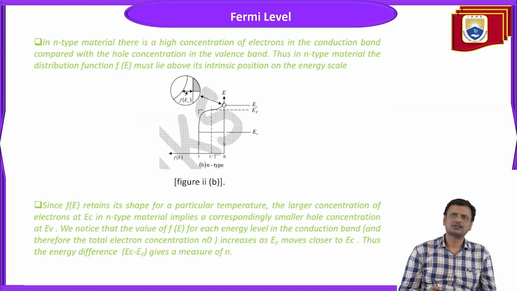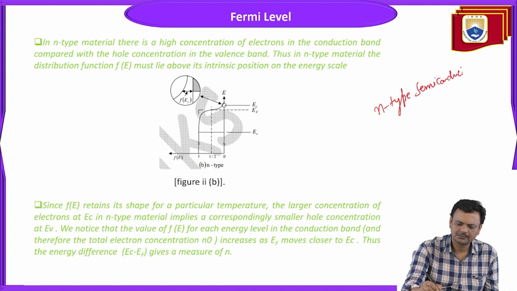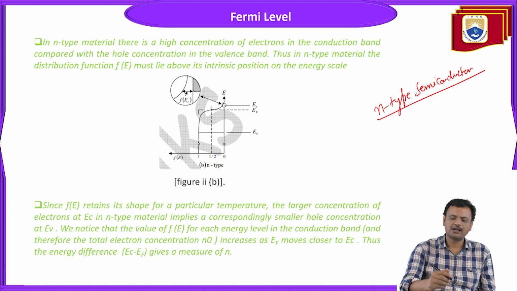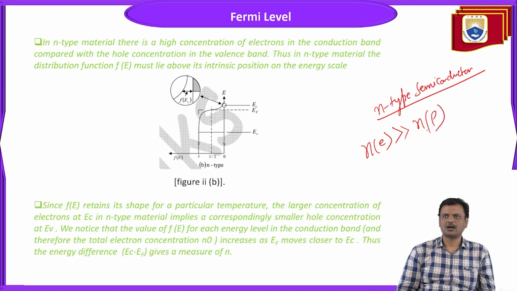Now the next case is for n-type semiconductor. So in n-type semiconductor, you know that n of E is greater than n of P, or the electron concentration in the conduction band is greater than the hole concentration in the valence band.